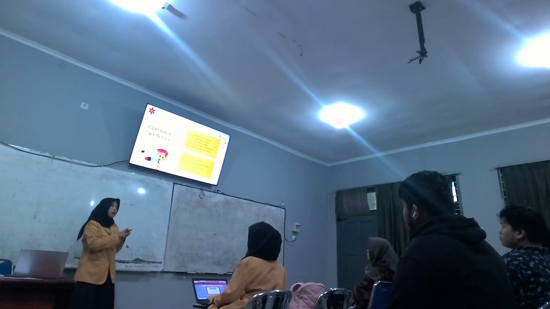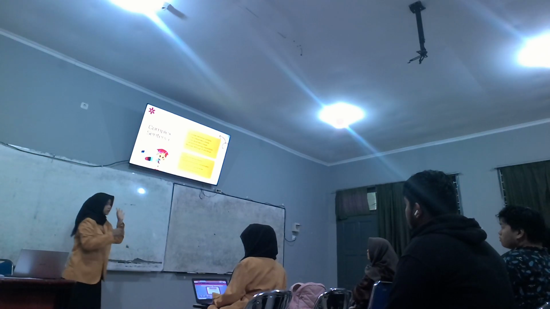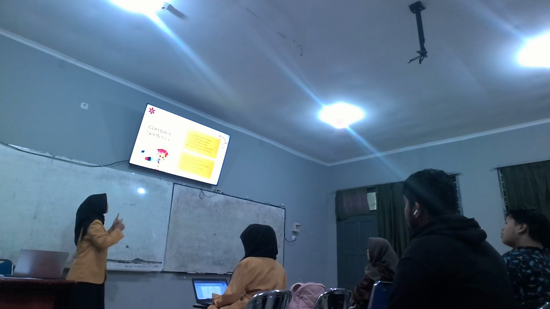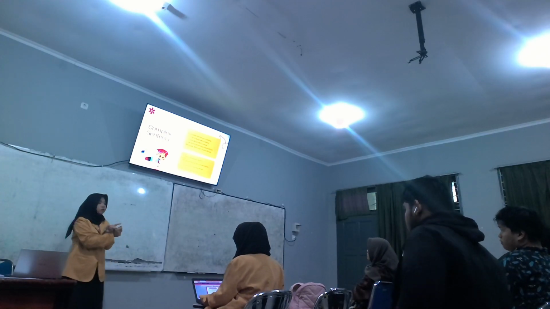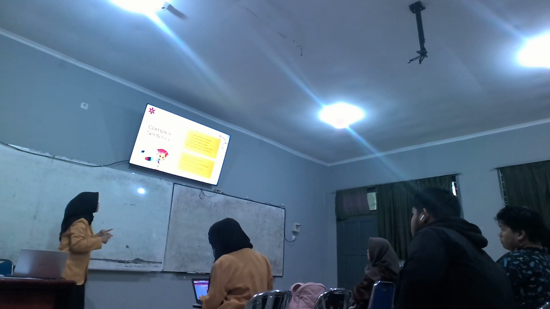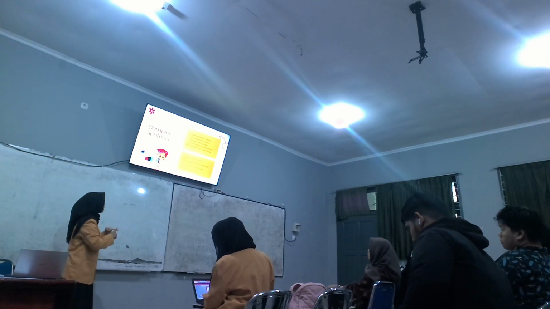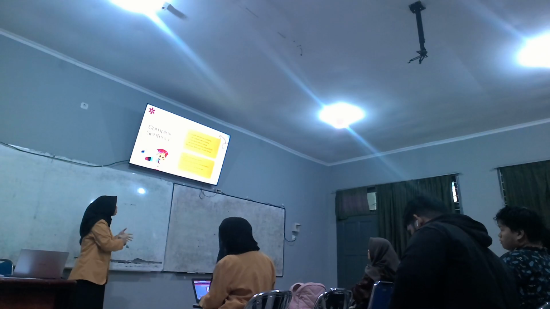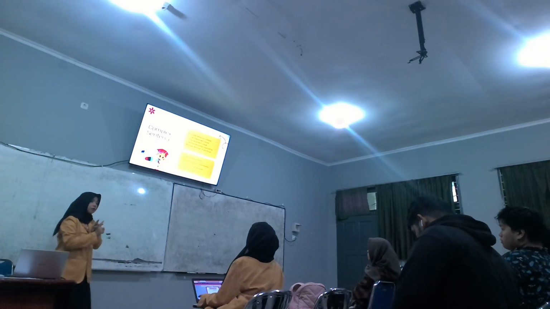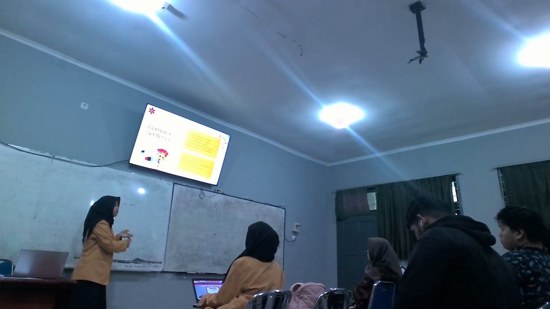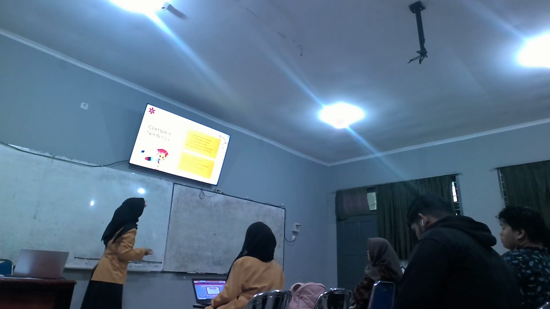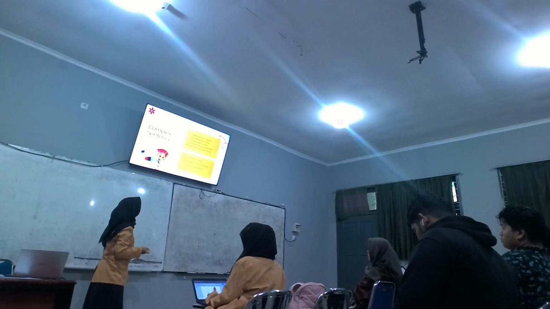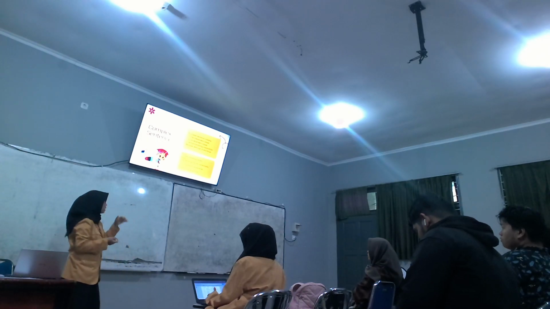Here, we combine one independent clause and one dependent clause. It's flexible whether the independent clause or the dependent clause is at the beginning of the sentence. For example: I stayed home because I was sick.